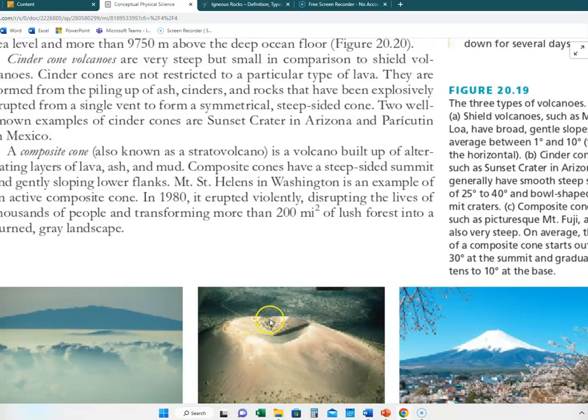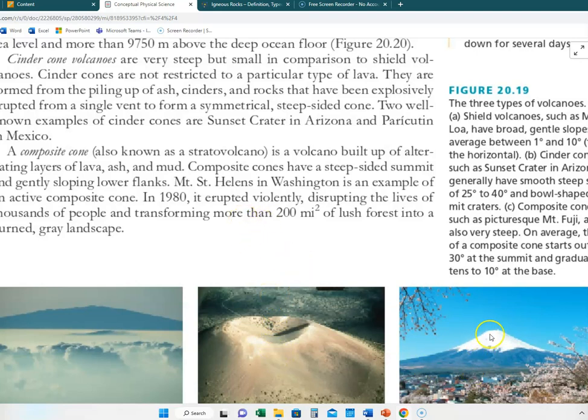For one of these cinder volcanoes, the slope is very high, and it usually has this little divot, sometimes called a caldera, at the top. And these are very explosive volcanoes because the lava has a difficult time getting through.